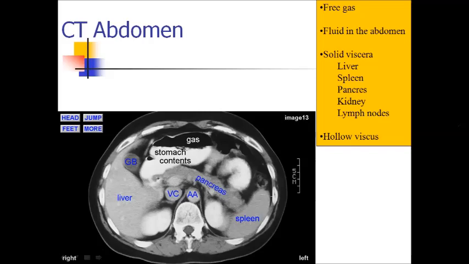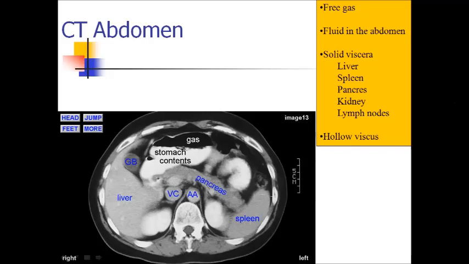All solid organs such as liver, spleen, pancreas, kidneys, and lymph nodes are detectable in great detail. CT of the abdomen is a very informative study, especially with contrast enhancement with iodinated contrast agents.